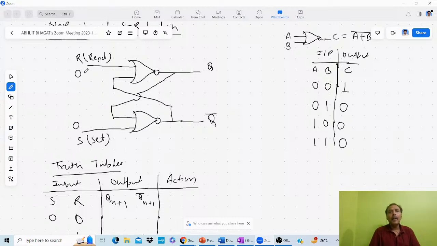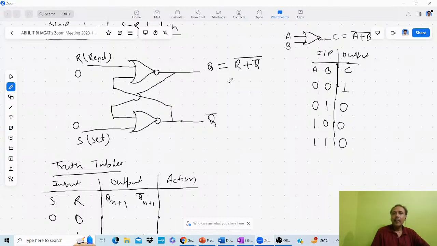So when S is 0, R is 0, in that case, all of you know your Q is what? This is NOR gate. So this is R, and this input is Q bar. So Q equal to R plus Q bar whole bar. Okay. A plus B whole bar. Same. R plus Q bar whole bar.